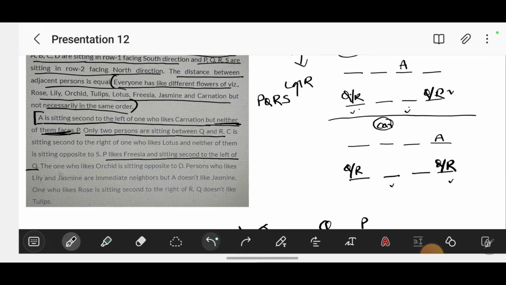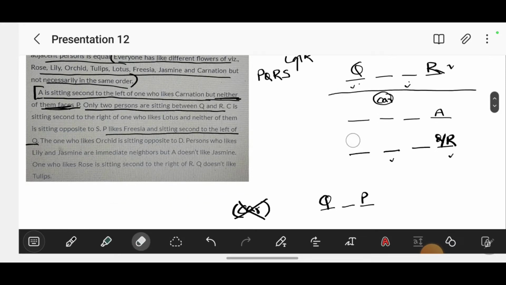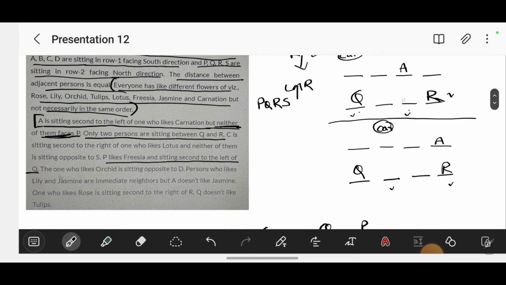So what we can do is take Q here and R here, and in this case also take Q here and R here, and P is sitting second to the left of Q.